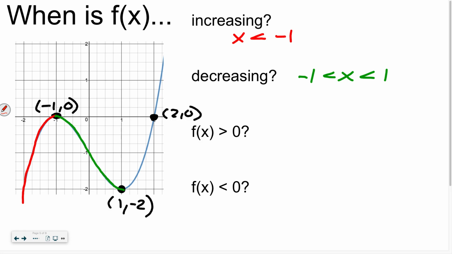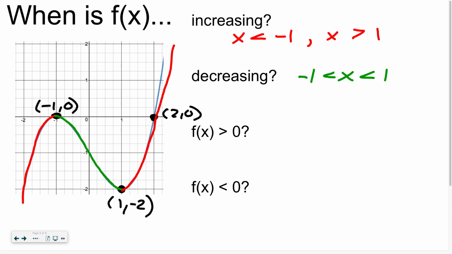And once I get down to this min, I'm turning around, so now I'm increasing for all x's greater than 1. So key points to increasing, decreasing are those turning points, which are your mins and maxes at different sections of the graph.